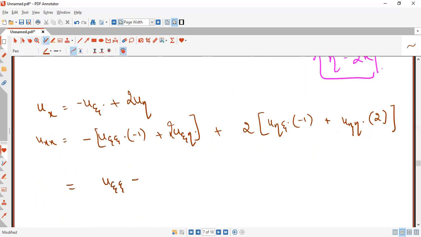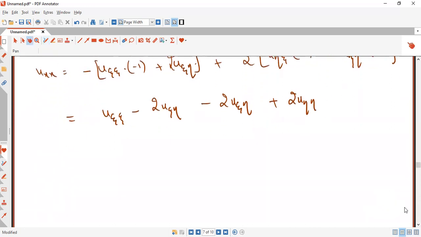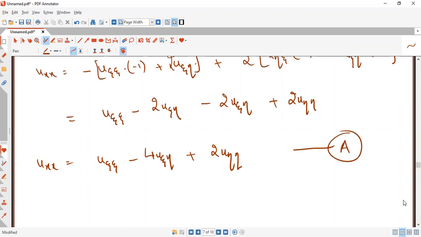U xi, I'm opening the bracket only. U eta xi I can write as u xi eta. So with the values we're getting uxx as u xi xi minus 4 u xi eta plus 4 u eta eta. Your equation consists of uxx, uxy, and uyy.